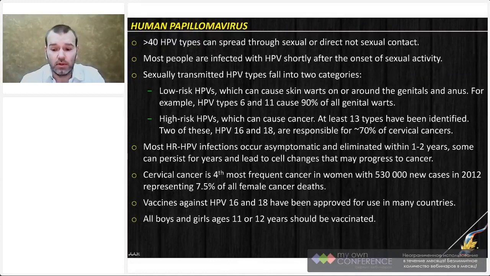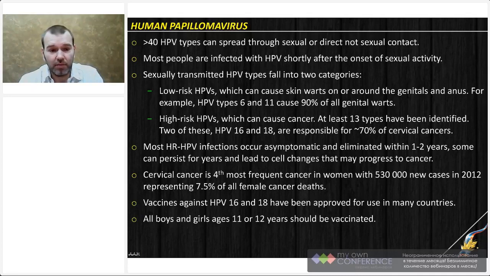So if you talk about common properties of infections caused by that virus, we have about 40 viruses which can spread through direct contact from human to human, sexual or non-sexual contact. Usually they're transmitted only by direct touching, skin to skin or mucus to skin.